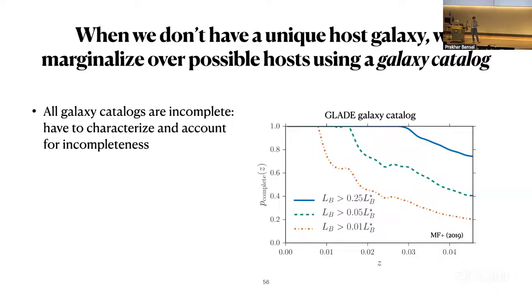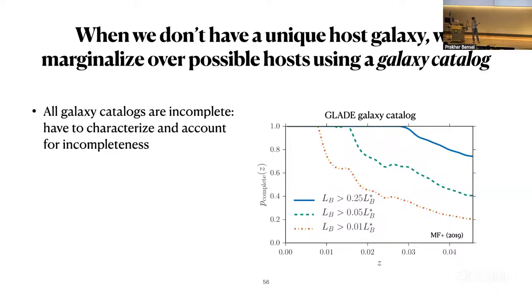This is again from the one paper that I'm focused on, which shows the completeness fraction as a function of redshift of the GLADE galaxy catalog, which we used in the analysis. It shows the completeness for galaxies down to different luminosities.